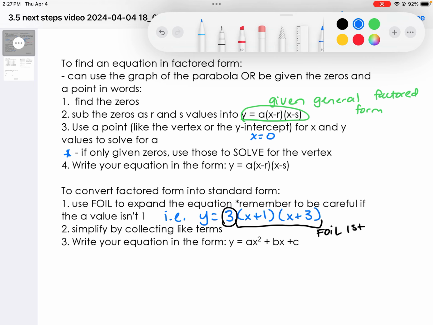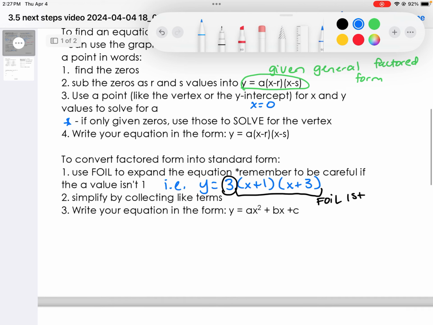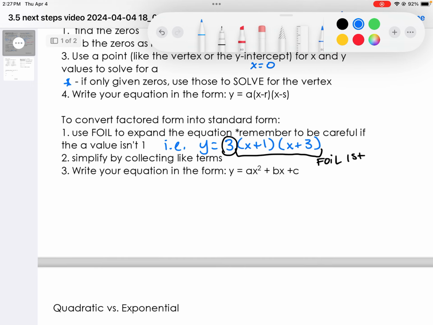That is the best way to keep your equation in standard form. It makes the multiplication a little bit simpler in FOIL, the collecting like terms a little bit simpler, and then distribute the 3 like you would have done even in grade 9, okay? So make sure to always simplify, and we simplify so that our equation looks like standard form. Ax squared plus bx plus c equals 0.